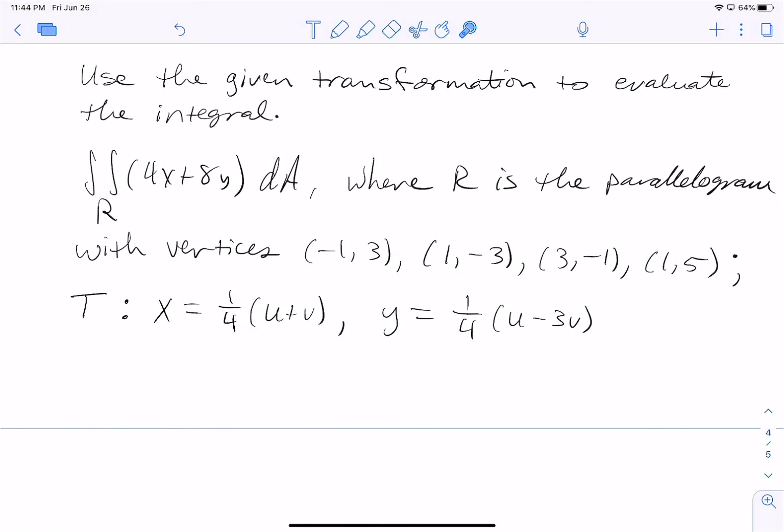Separate from that, we need to take the transformation, which has x in terms of u and v and y in terms of u and v, and solve them for u as a function of x and y, and v as a function of x and y. And that's going to be the inverse transformation.